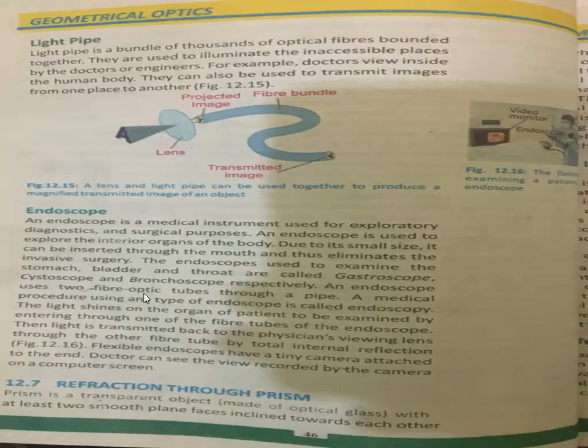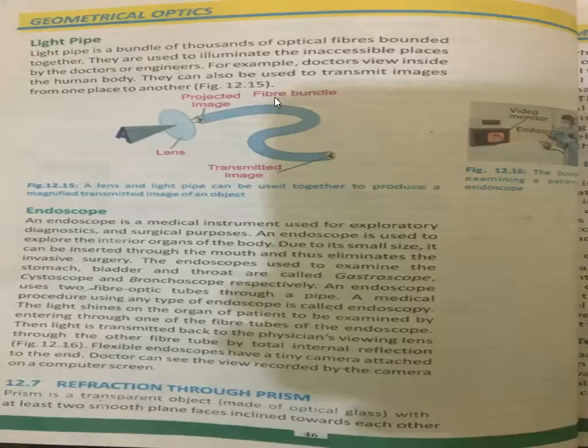The light shines on the organ by entering through one of the fiber tubes of the endoscope. Then the light is transmitted back to the physician's viewing lens through the other fiber tube by total internal reflection. So this is the transmitted image. We send our light through the fiber optics.